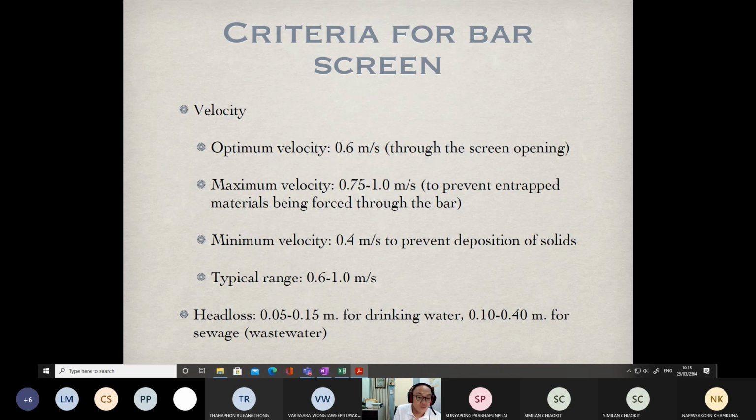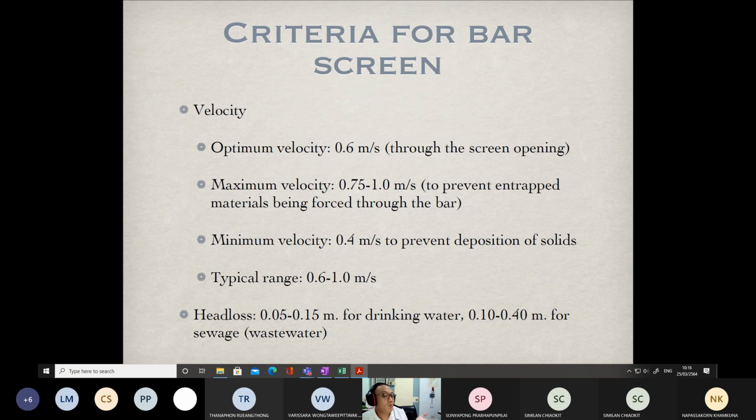That is why we don't maintain such a very high horizontal velocity, but we keep the minimum velocity above 0.4 meters per second. Why do we have to keep it above 0.4? Because if we keep it at 0.2 or 0.3 meters per second, some solid matter will precipitate or deposit at the bottom of the chamber.